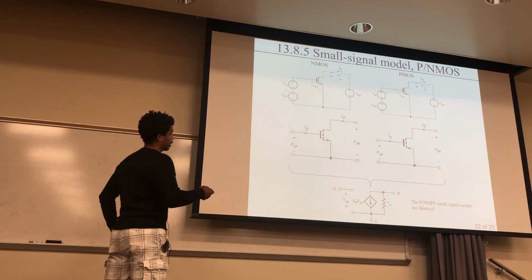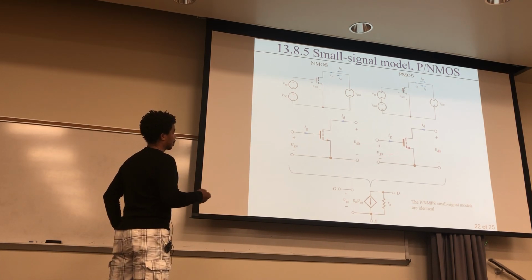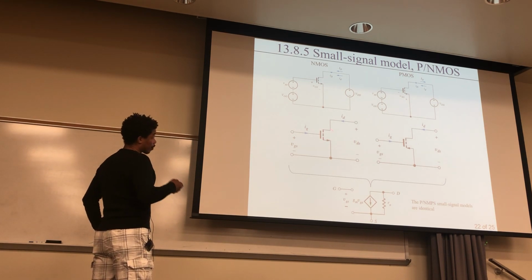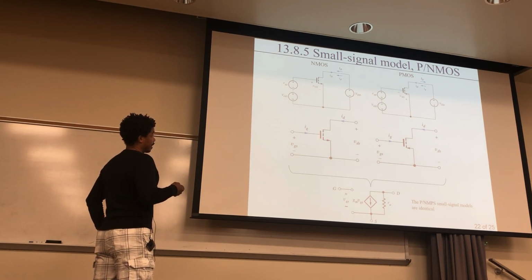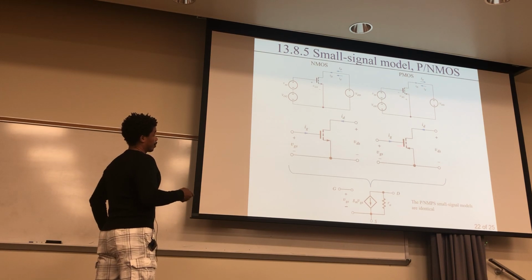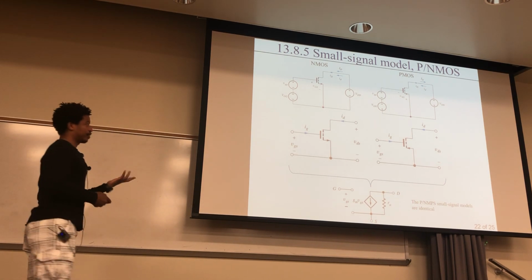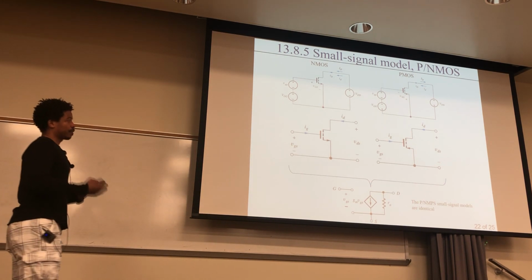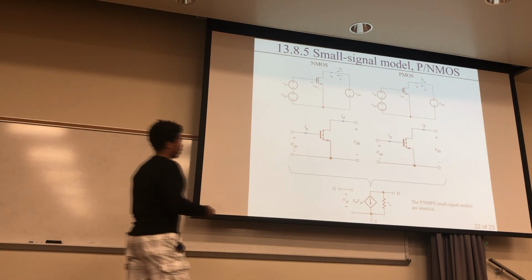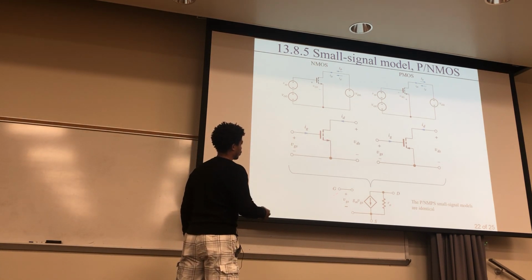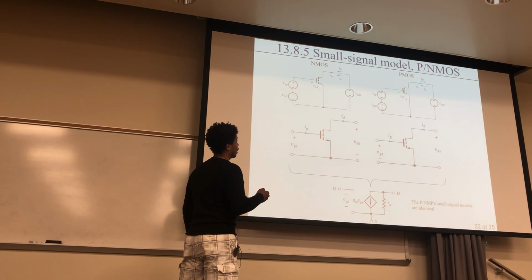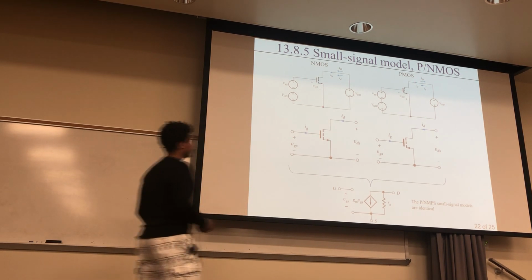If you're only looking at small signals, they look exactly identical. Because of that, you're going to use the same mathematical model to represent the small signal, and that's going to be this right here. So here's your model for a small signal, and it corresponds to both NMOS and also PMOS.